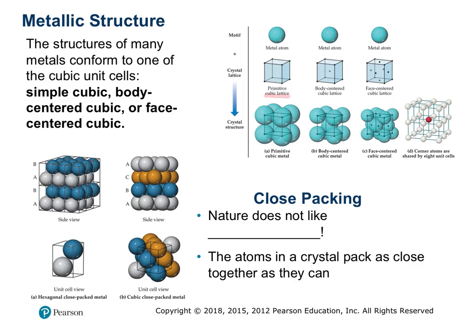Here's a cubic lattice where each of the corners of this lattice have atoms on them, and then this would repeat in all dimensions. We have body-centered, where all of the corners have an atom on it, and then we also have one in the middle. We also have face-centered, where again you have atoms on each corner, and then you have atoms on each face of that cube.